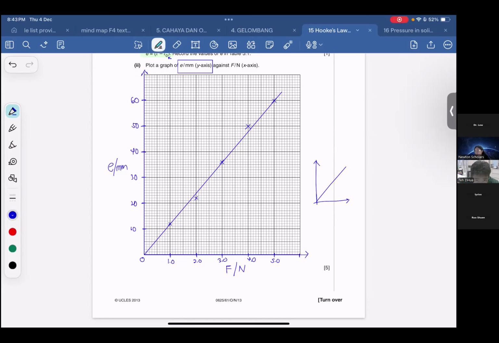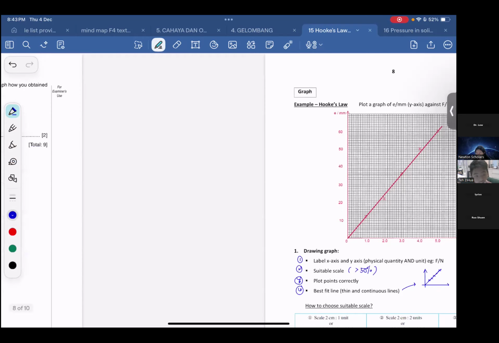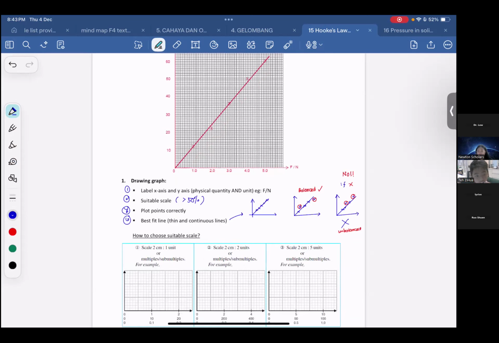Then they redraw and overlap, something like this, so here it is slightly thicker. Like this, we will consider your best fit line not smooth and continuous. The keyword here: smooth and continuous line.